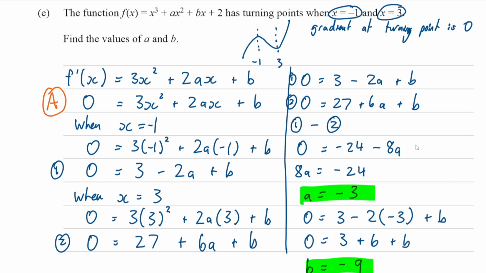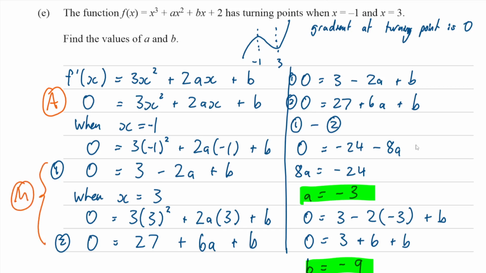Because we've acknowledged the turning points have a gradient of 0, we found the gradient function and equated it to 0. However, we realized there were 3 unknowns in that equation, so not very useful. However, we then went on to use the fact that the turning points were at x equals minus 1 and x equals 3. So we substituted those into the gradient function separately to get equation 1 and 2.